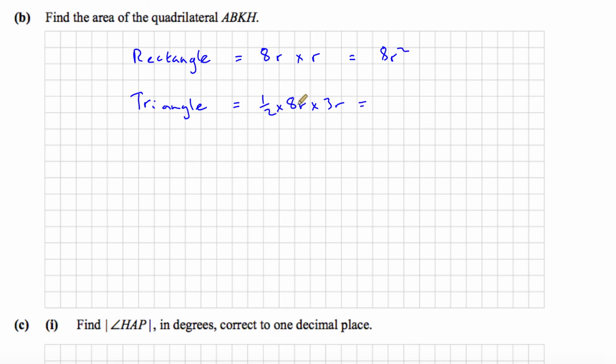And over here, half of 8r is 4r. 4r by 3r is 12r squared. So when I add the two of them together, that gives me 20r squared. And remember, r was 20, so it's 20 by 20 squared, that gives me 8,000. So it's 8,000 centimeters squared for the area of the quadrilateral.